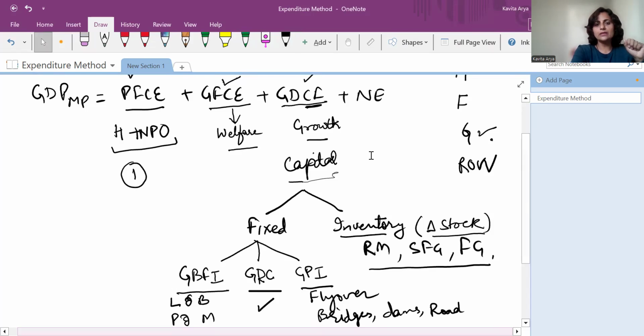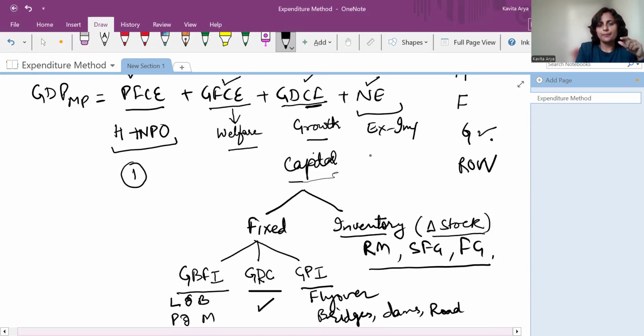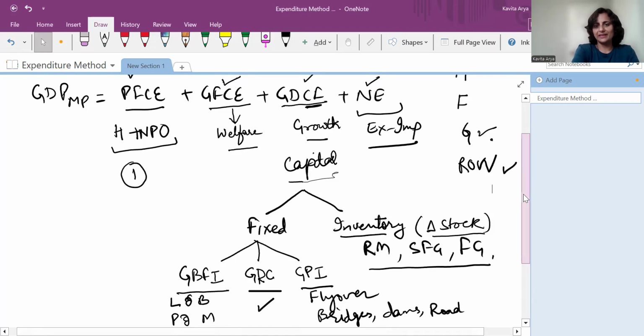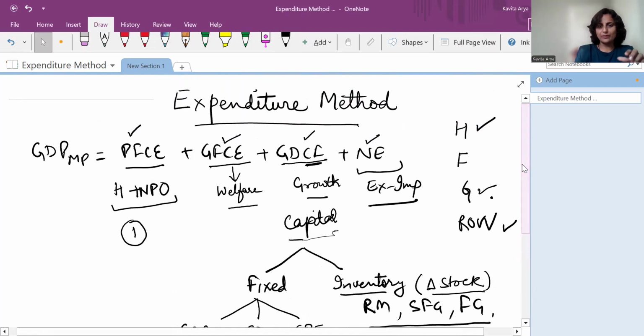And then the last component of this method is net exports. When I say net exports, the value is exports minus imports. This is the fourth sector of the economy. Let me take you back once again.